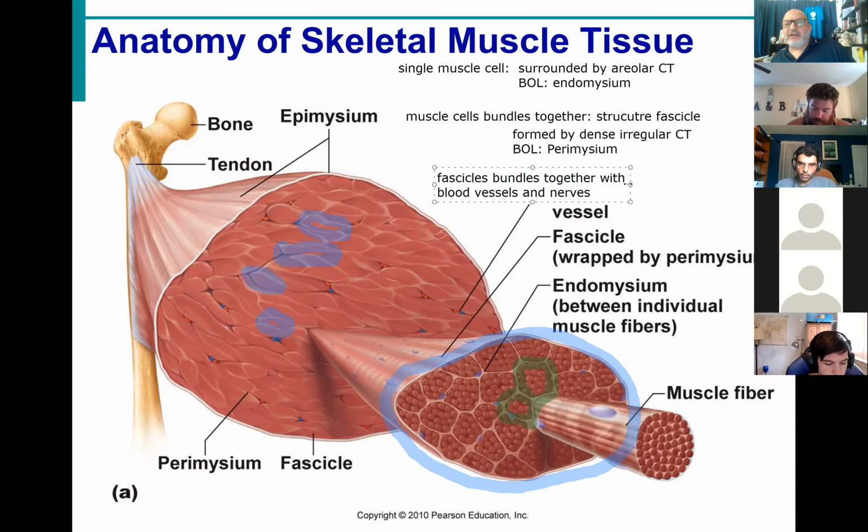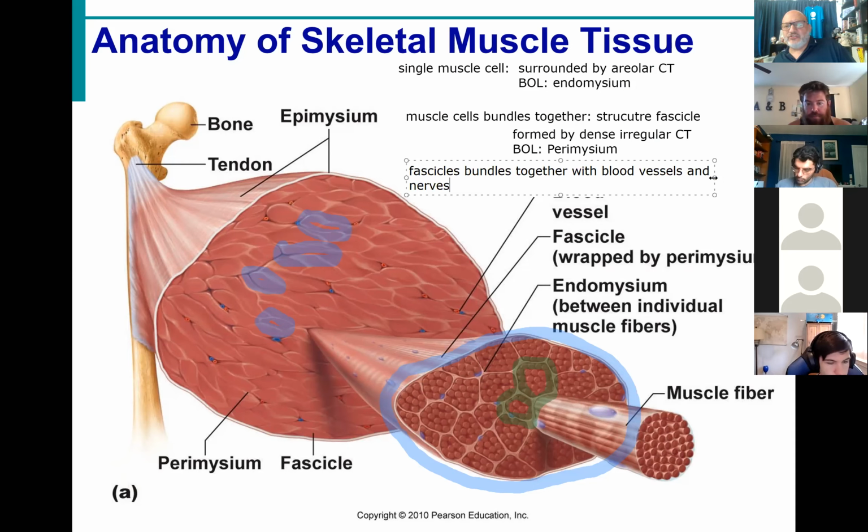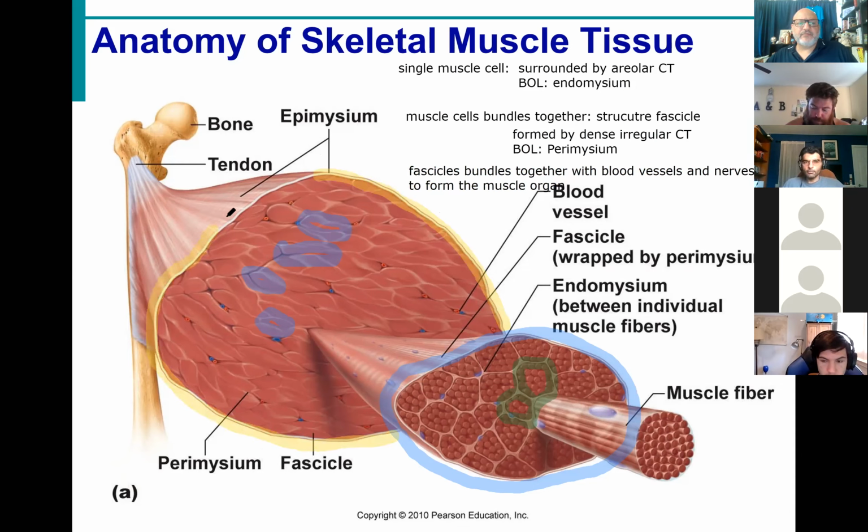And we bundle these fascicles with the blood vessels and the nerves to form the muscle organ. So notice here on the outer surface, we have yet one more connective tissue that bundles all of these things together to form our individual muscle, that muscle that is the organ.